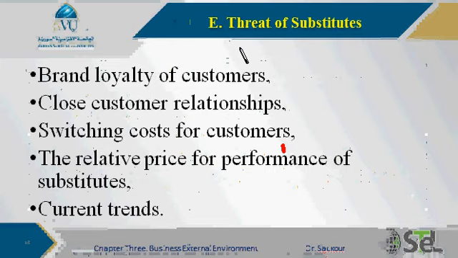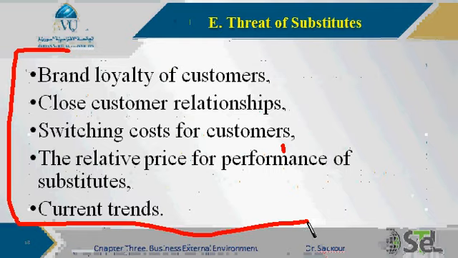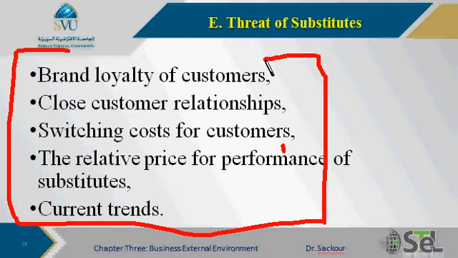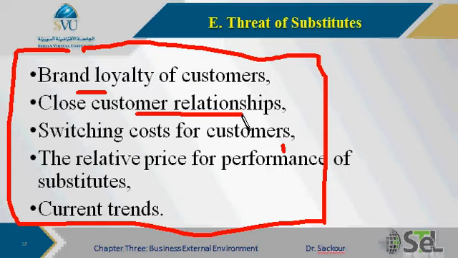It is number 4, and there are some indicators that affect this power or this impact: brand loyalty of customers, the relationships, switching costs of customers, price for performance of substitutes, current trends. But I will stop at this word here.